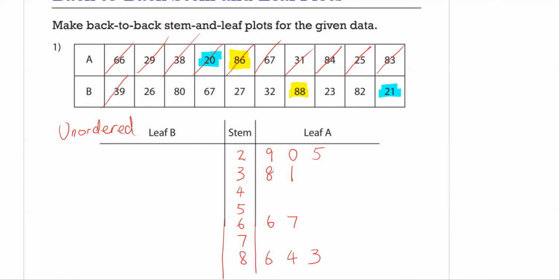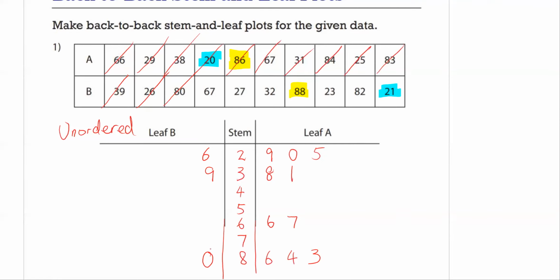Now for set B, 39. Now we're going to be extending our numbers towards the left. So 3, 9, 26 is 2, 6, 80 is 8, 0. You must put the 0 there for the number 80.